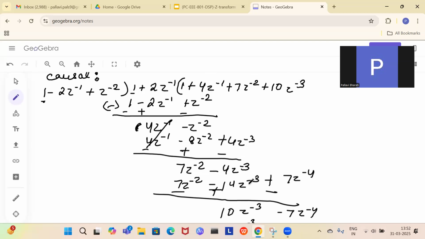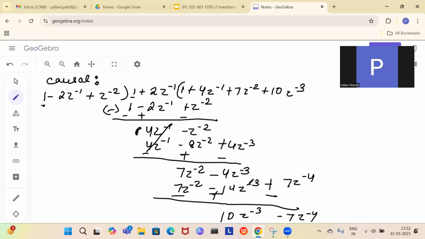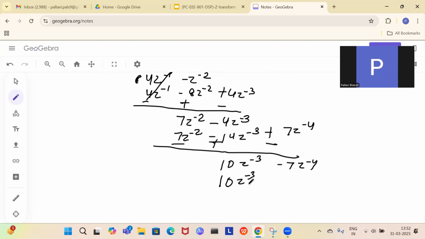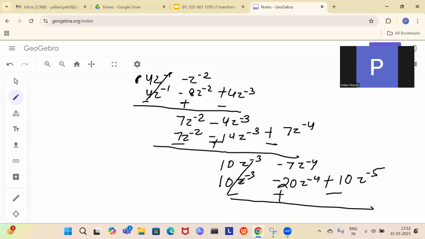Yes. So plus 10 into minus 2, minus 20z to the power minus 4. We are not going to go more. Plus 10z to the power minus 5. So this gets cancelled. Some value will come over here for this one. 13z to the power minus 4 minus 10z to the power minus 5.